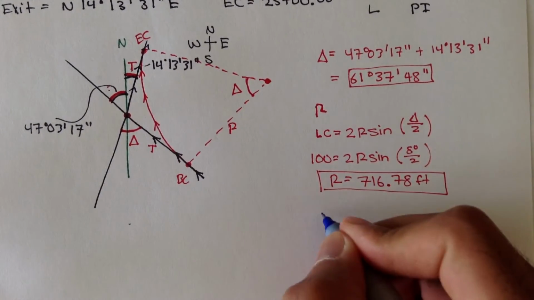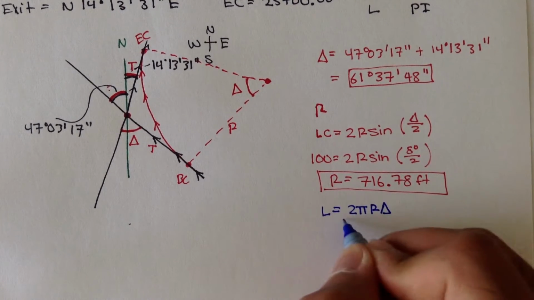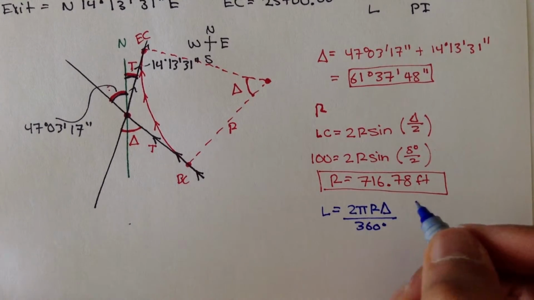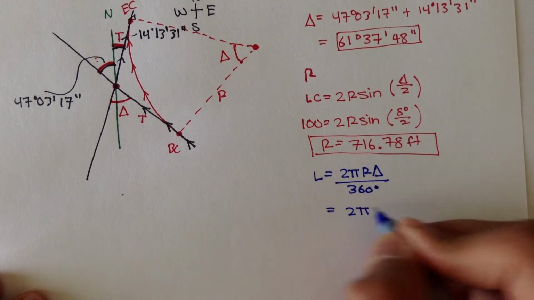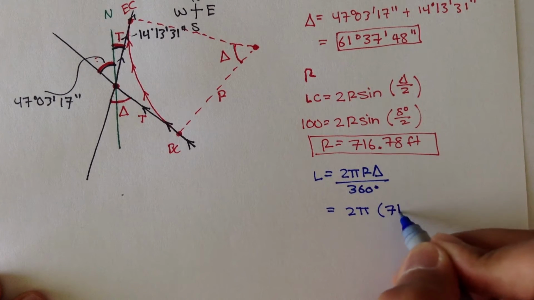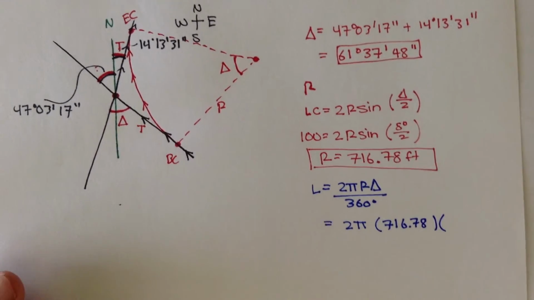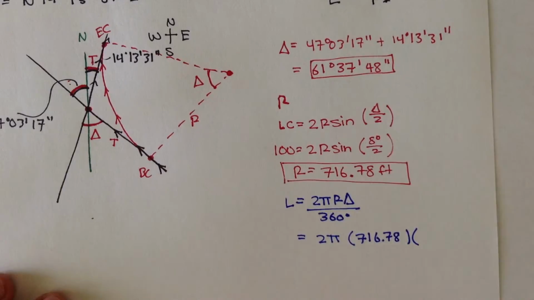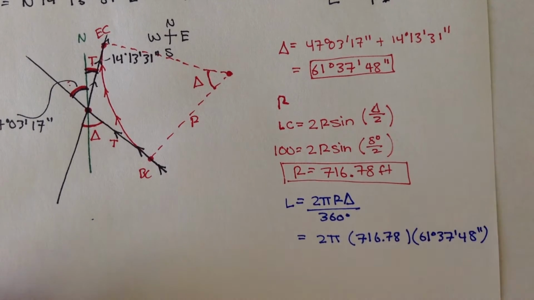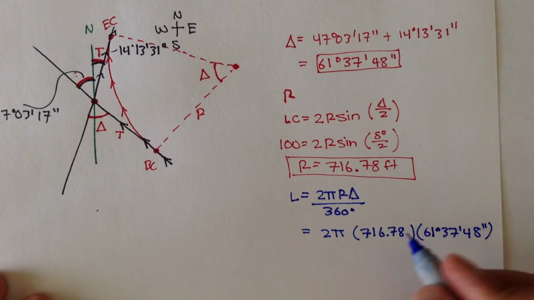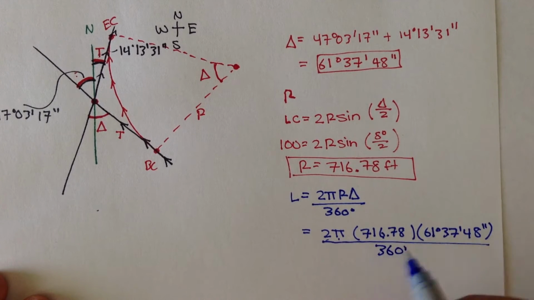Okay, remember our formula for the length of the curve is 2 pi r delta over 360 degrees, right? So if we plug in what we have so far, we figured out what the radius is. The radius is 716.78 feet, and our interior angle is up here. It's the 61, 37, 48 interior angle, and 2 pi r delta divided by 360 degrees.